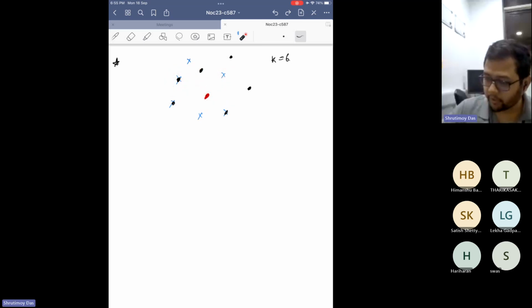But if you are talking about the top 3 points, maybe you will get something like this, so your error will increase. So as you increase k, your training error will also increase. Is that intuition clear? Because if you increase more points, your errors will get added up. More number of points means more number of errors.